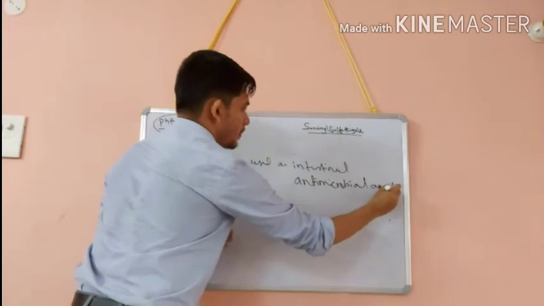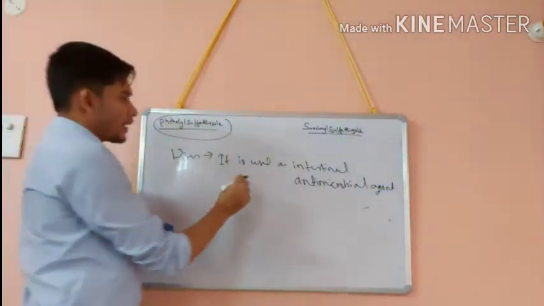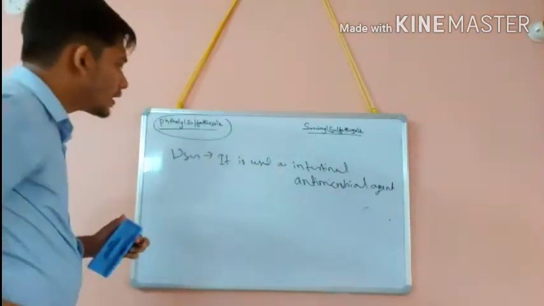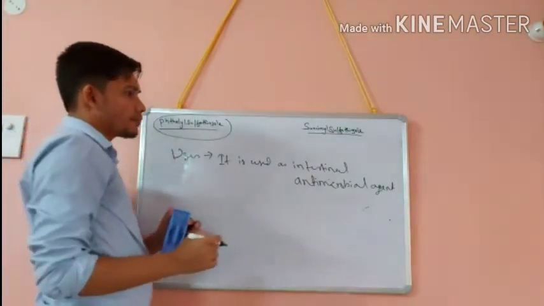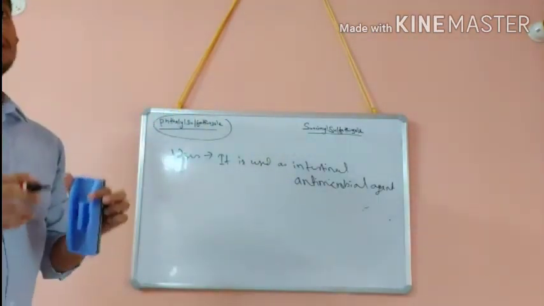Okay, so we know this, most of these sulfonamides are used as intestinal antimicrobial agents, and in the previous video I have said that these are active both against gram positive and gram negative bacteria.